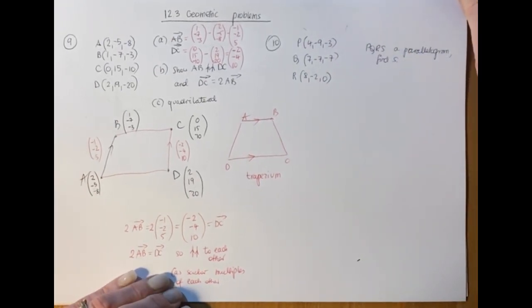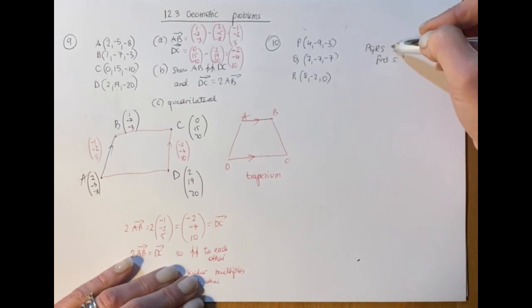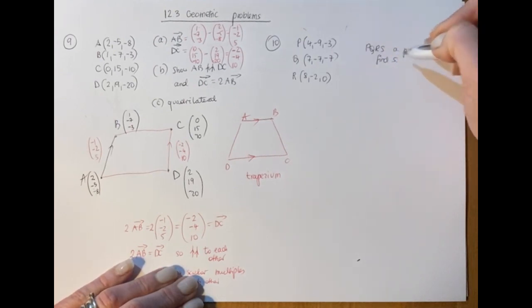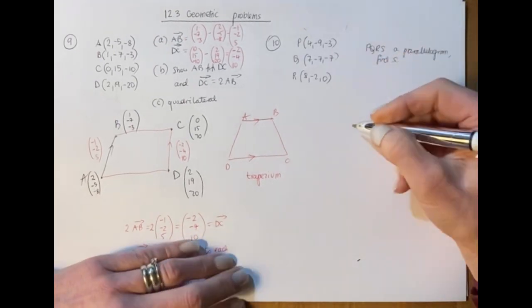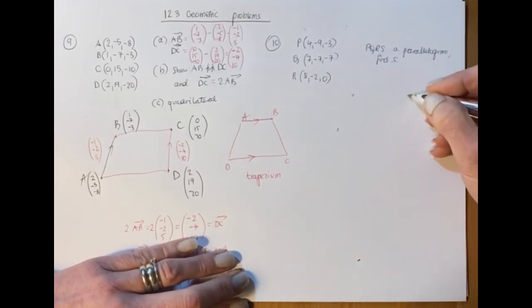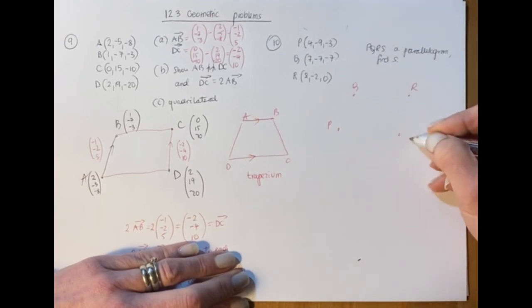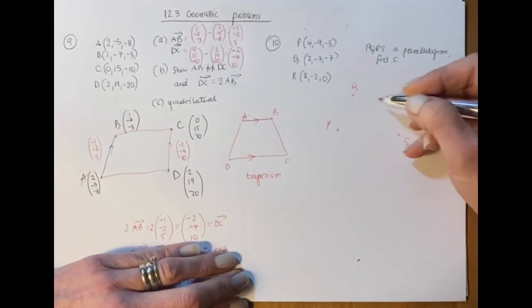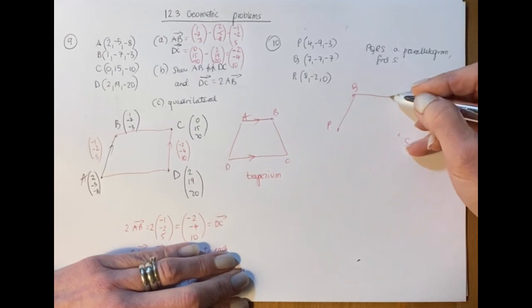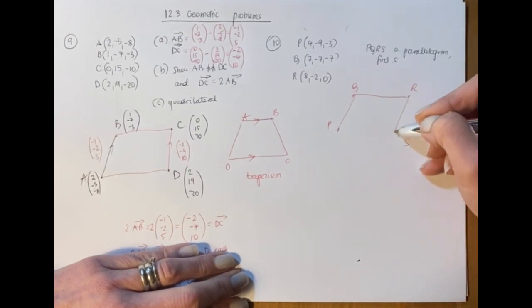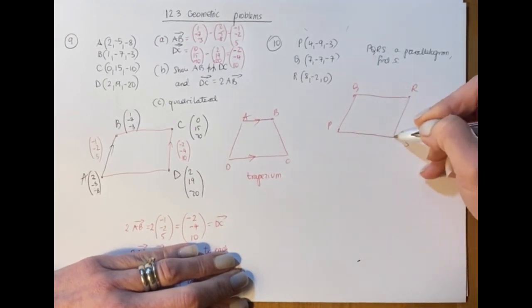Example 10, you've got P, Q, R being 3 points with the following coordinates, and given that PQRS is a parallelogram, we need to find S. So let's actually draw the parallelogram PQRS. Remember the definition of a parallelogram is simply that opposite sides are parallel to each other or equal in length.